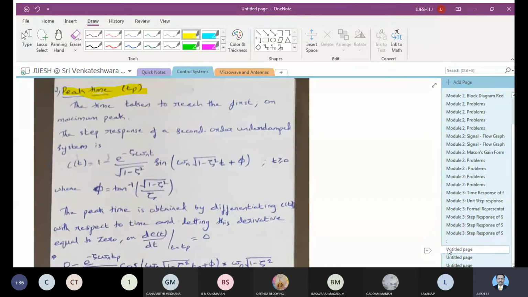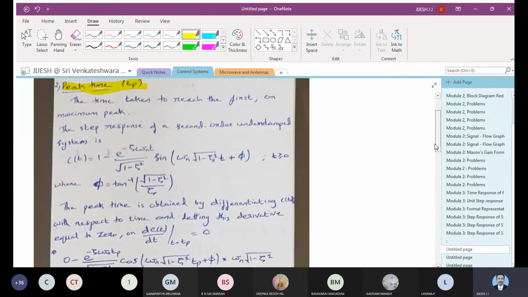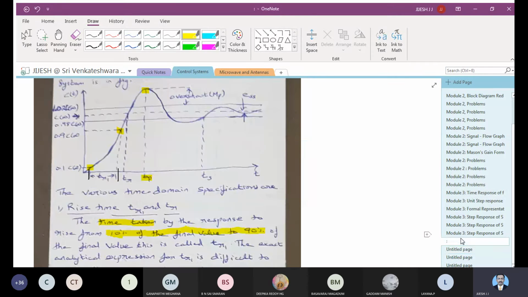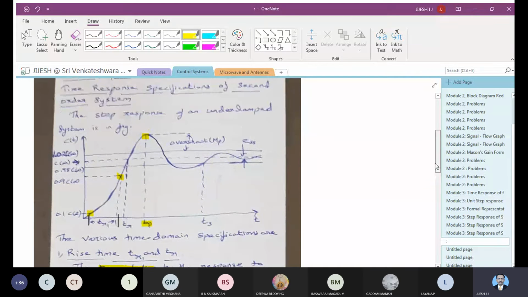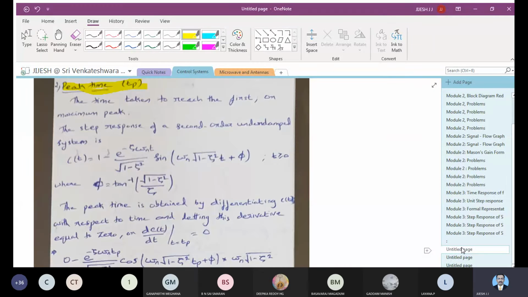So just write down the second one. What you will get in university question papers or internal question papers is: explain the time response specifications for a second order system. It may be there for 10 marks. That means you need to write each thing: rise time, peak time, then further you will be studying settling time, maximum overshoot Mp, peak overshoot, and settling time.